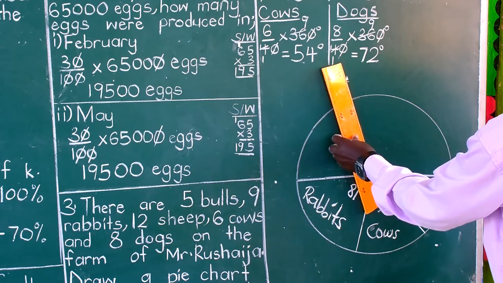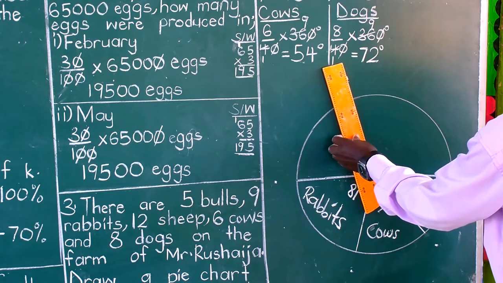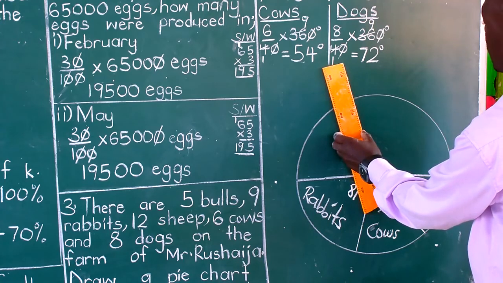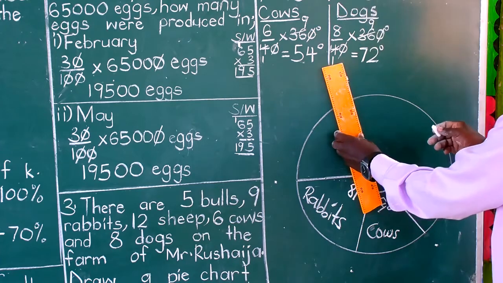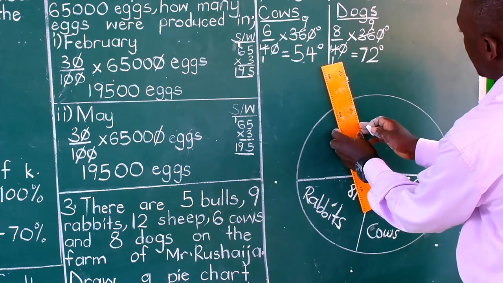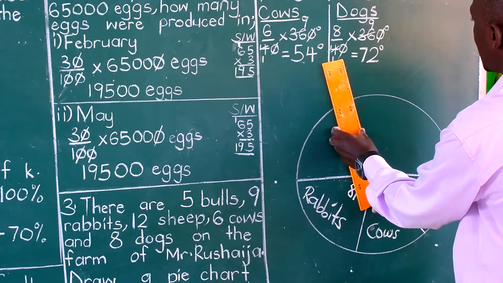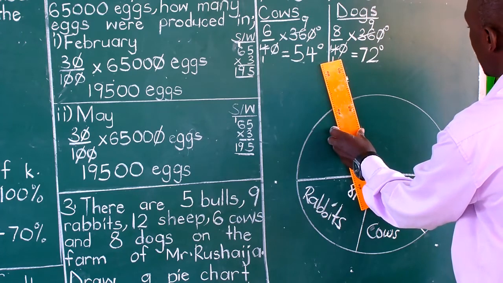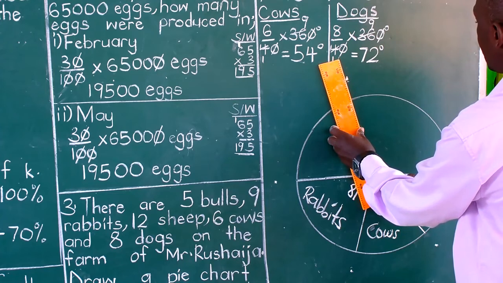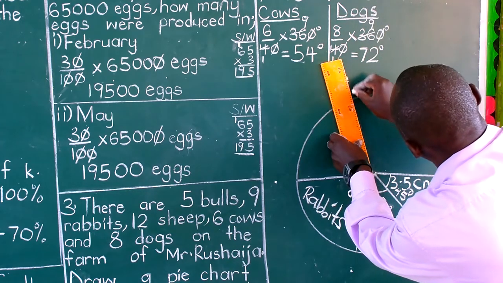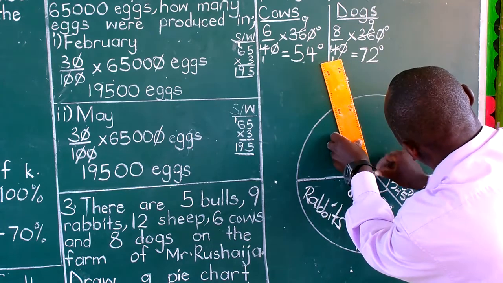connect properly. Remember, we are drawing an accurate pie chart now. The other ones were not accurate at all. Now this is an accurate one. So put your ruler properly to ensure you connect to the center of your circle from the circumference. Put it properly and then check whether you can connect this to that.